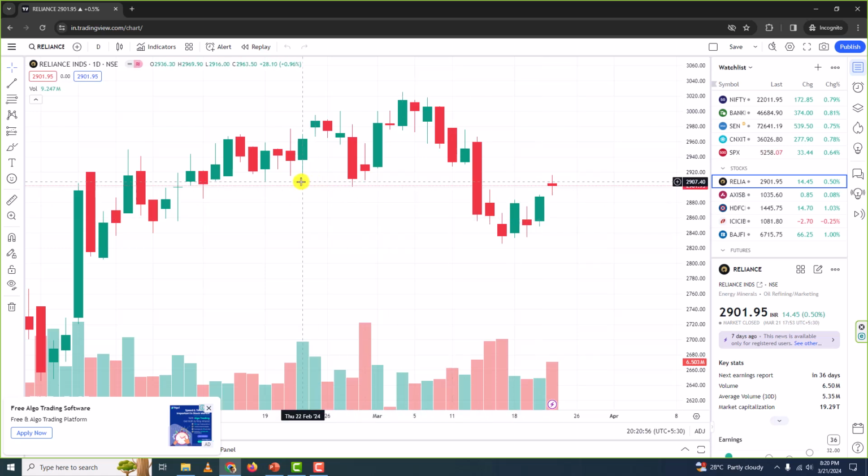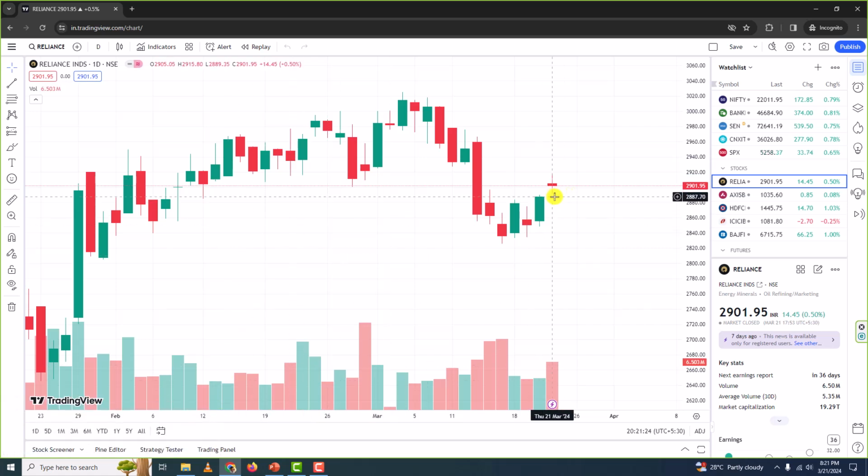Similarly, if we come here, this represents how the price moved on 22nd February 2024. Meaning all these candlesticks represent the price movement of 1 day. So this is 1 day, this is 1 day, and so on.